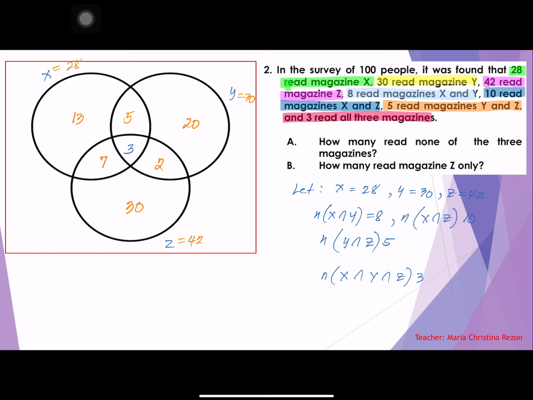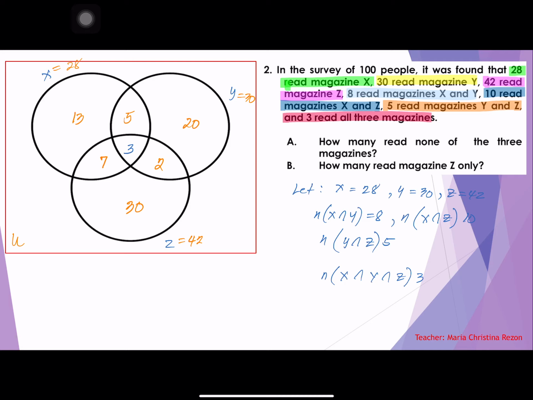So if you total that, the outside, your U, this is your universe, U, those that did not read any of the 3 magazines, so you will just be 13 plus 5 plus 20 plus 3 plus 7 plus 2 plus 30. That gives you 80.